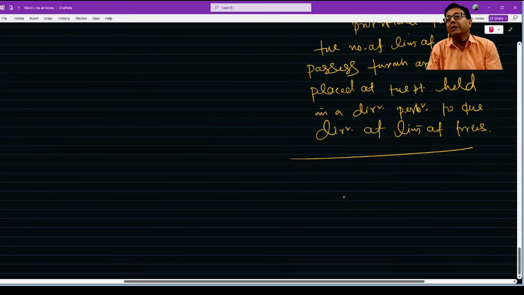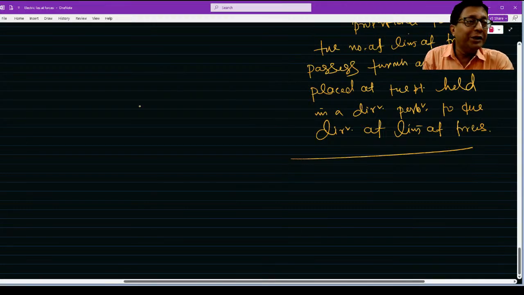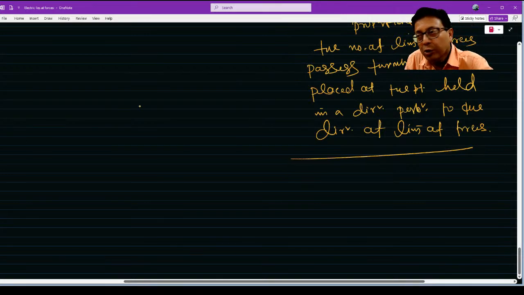For a uniform field. Now, I haven't told you anything about uniform field. When do you say that field at a point is uniform? Field at a point is uniform if lines of forces are parallel to each other. If they are not parallel, field will not be uniform.